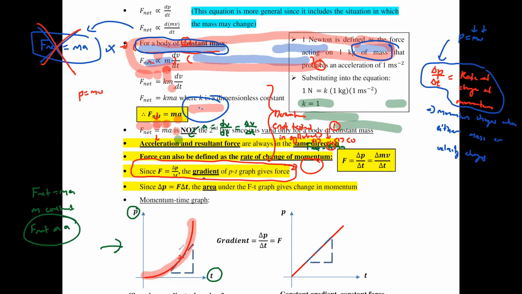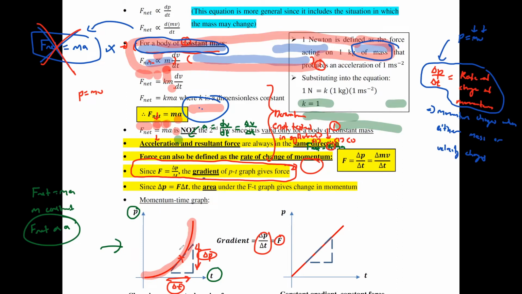If I look at this point here, the gradient of this tangent is change in p over change in t. This one divided by this is rate of change of momentum, which in turn equals force. So that's why we can say that the gradient of a momentum-time graph is equal to force itself.